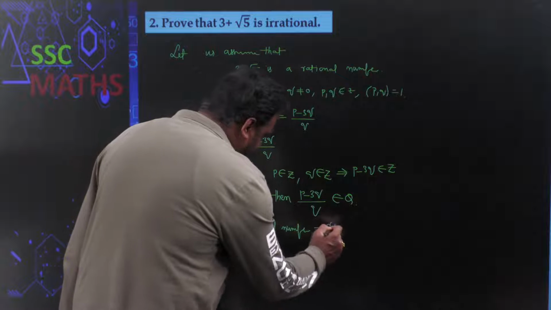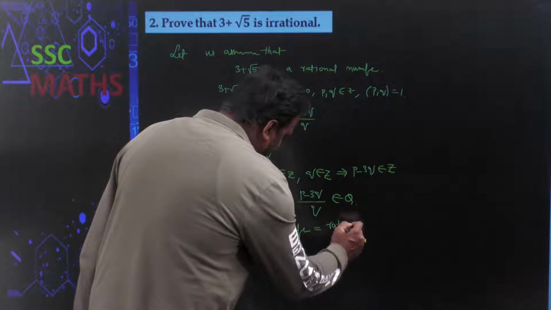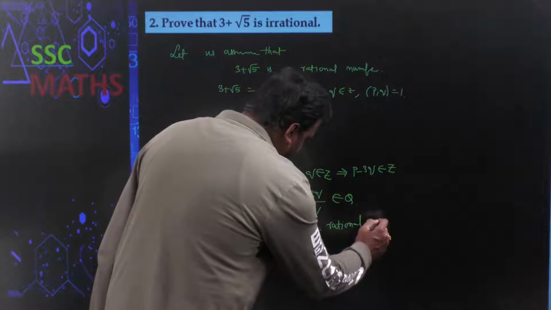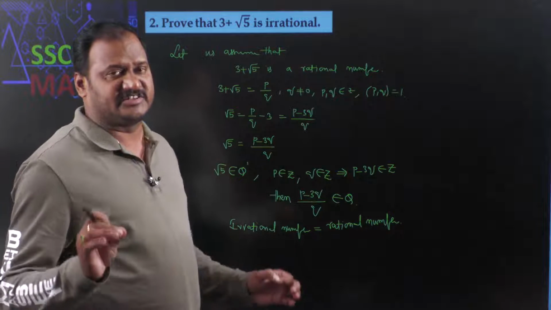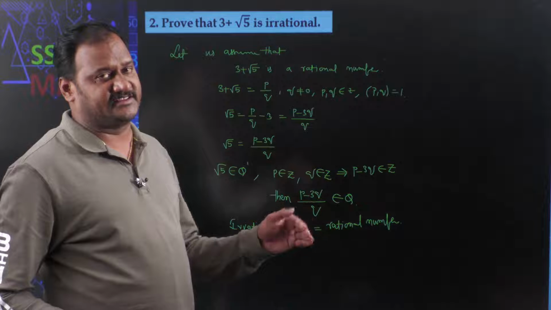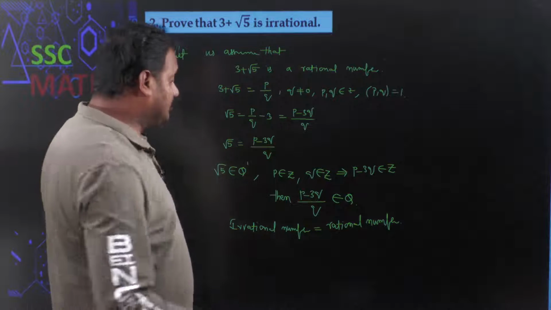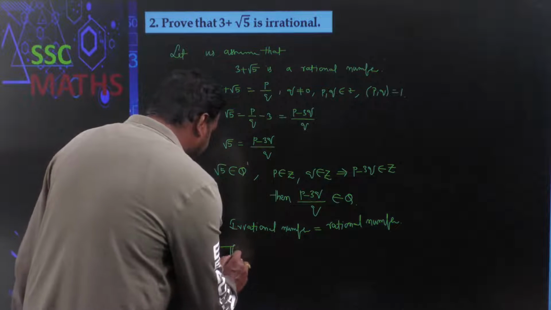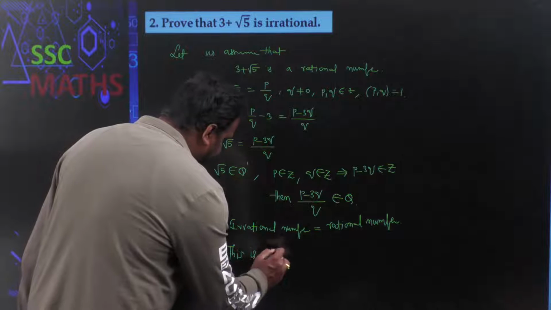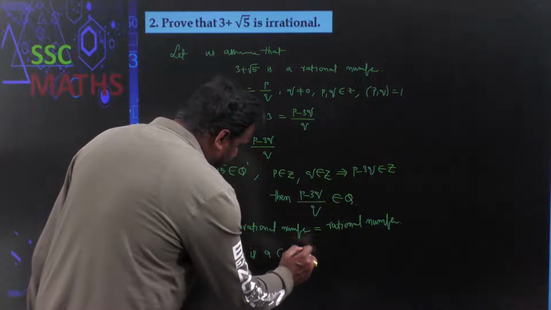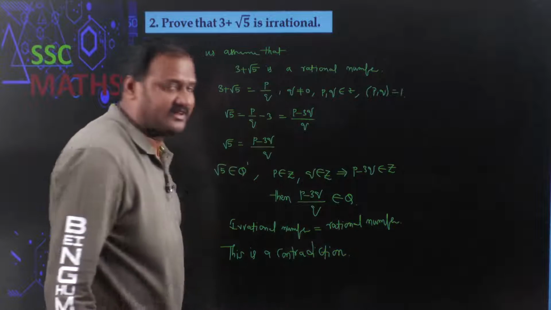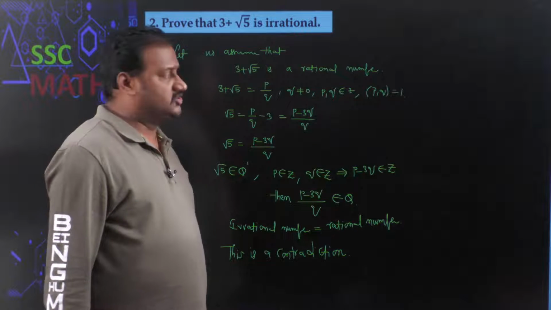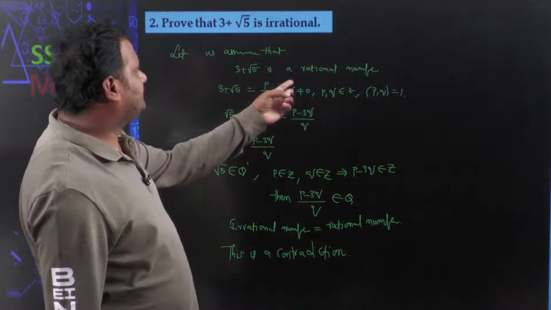So an irrational number is equal to a rational number. Is this correct? There is no such number which is both irrational as well as rational. So this is a contradiction. Why did we get this contradiction? This contradiction is only due to our assumption. What was our assumption? 3 plus root 5 is a rational number.